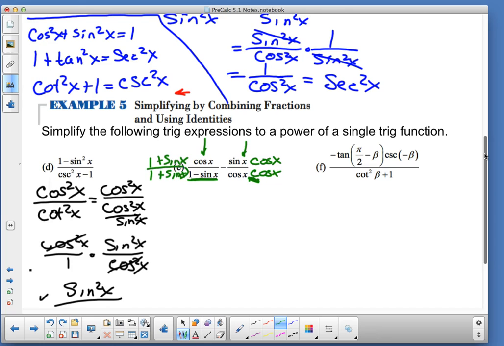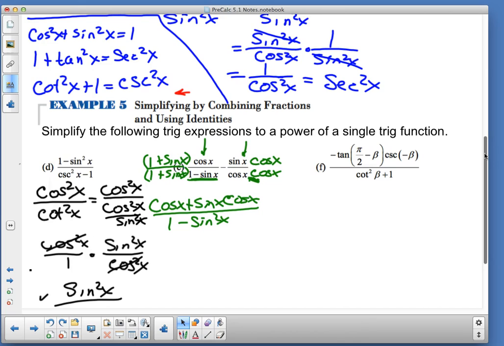Okay, using my fraction skills to keep in mind the order of things. So I'm going to multiply at the top, so I get 1 plus, and I suppose I can distribute that cosine x. So I've got cosine x plus sine x cosine x all over 1 minus sine squared x. So that's my first thing. My other one on the right, I got sine x cosine x over cosine squared x.